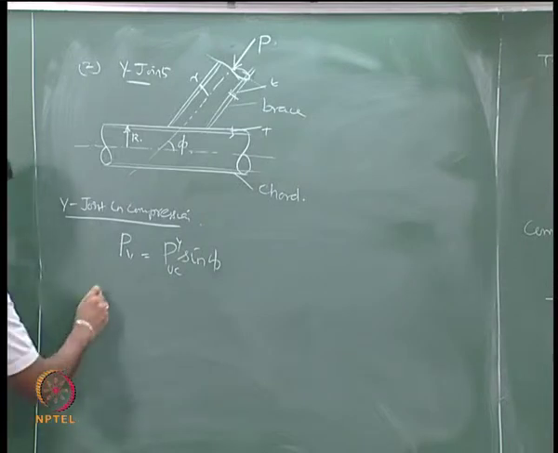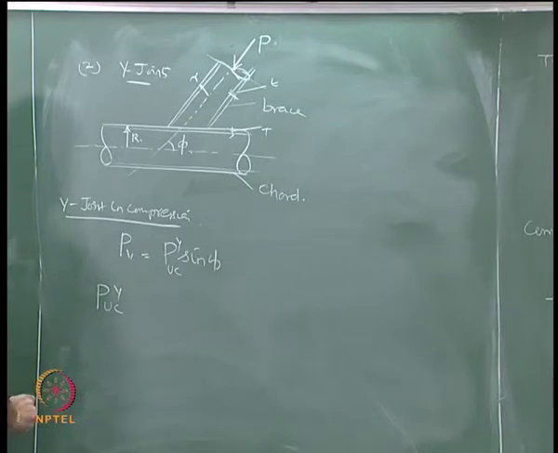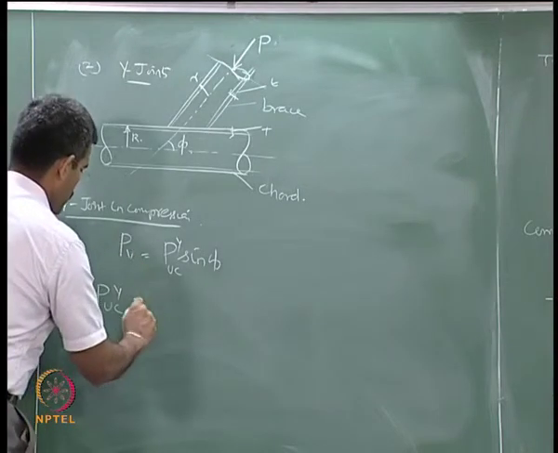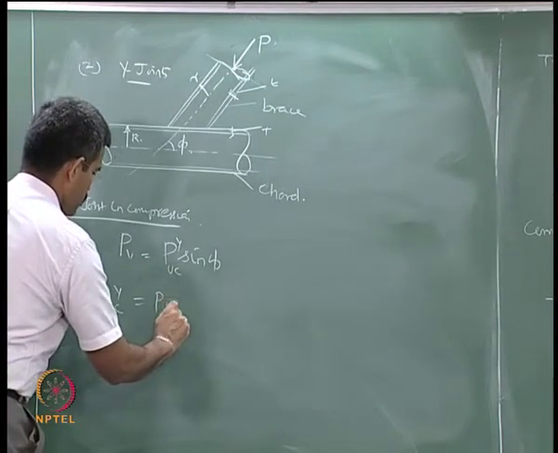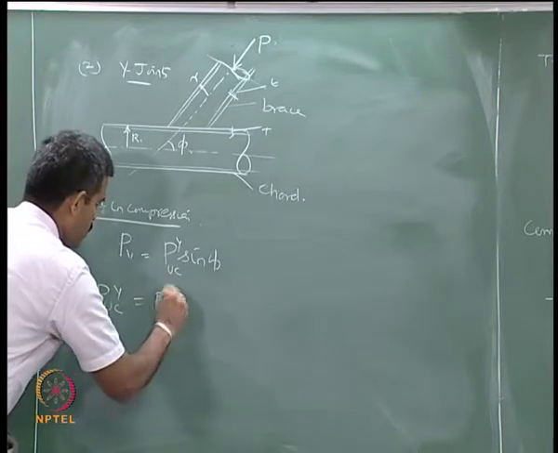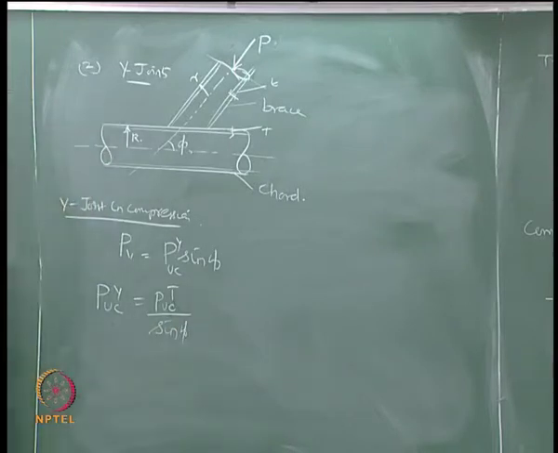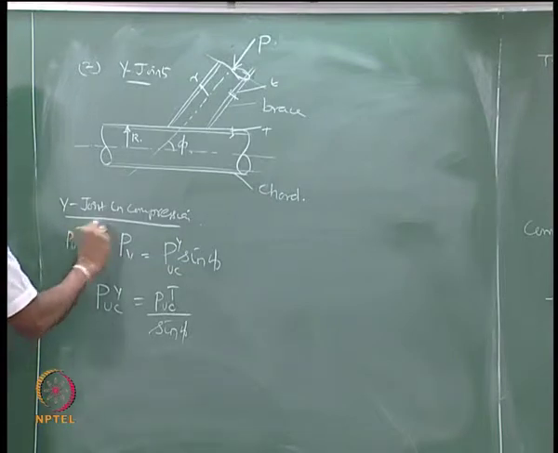Now I can say P U C Y can be simply P U C of T by sin phi, because this is nothing but P U C of T.